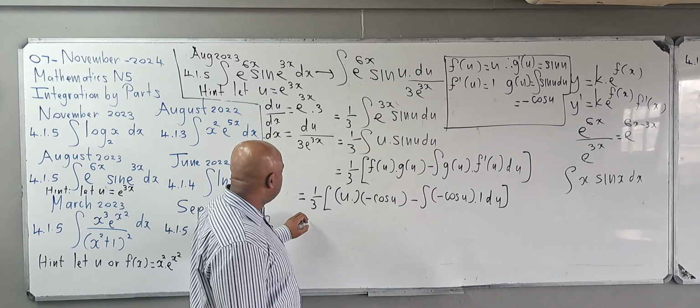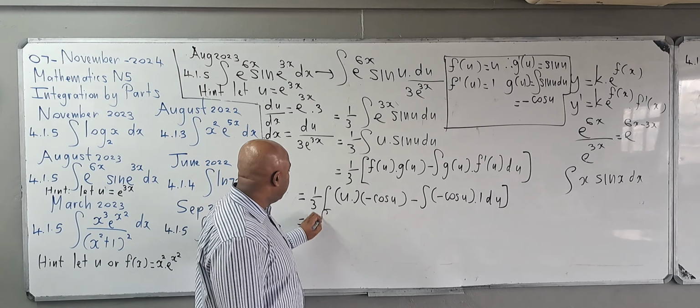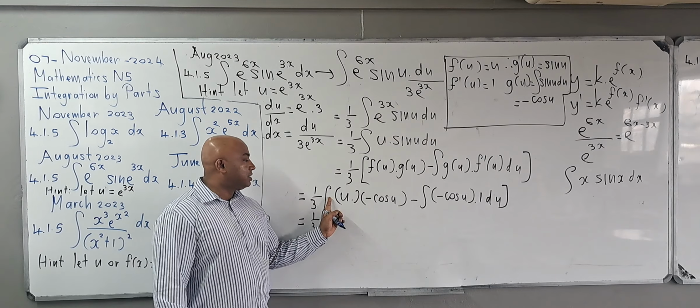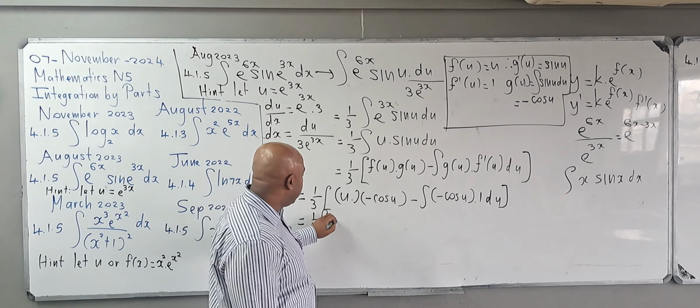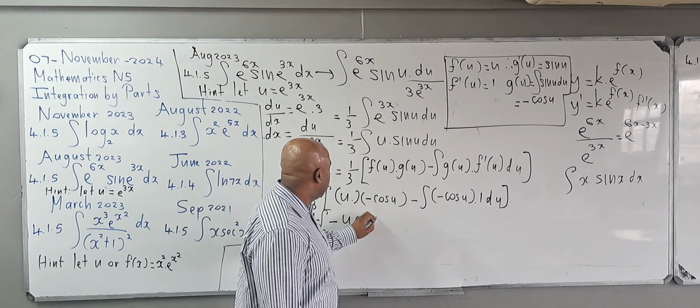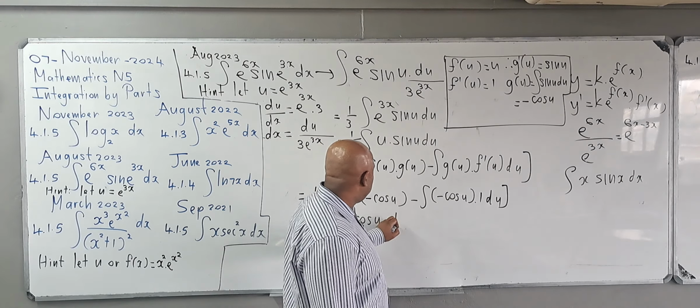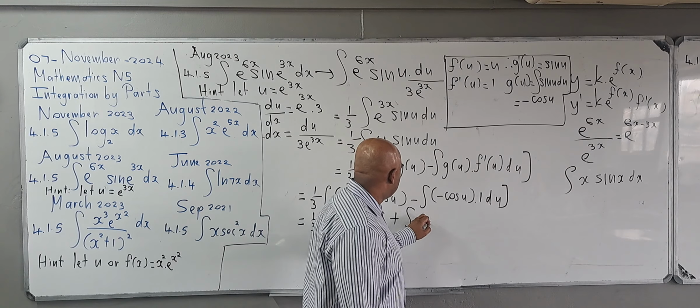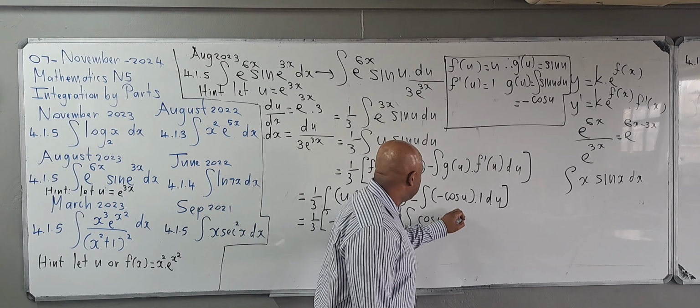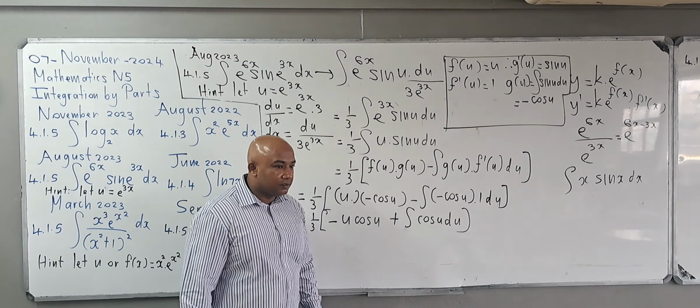So now I've got my 1 over 3 there. I've got a positive times a negative there, which is a negative u cos u, a negative times a negative there, which will be positive, the integral of cos u du. Are you clear there?